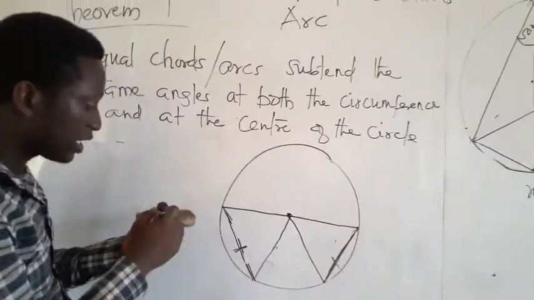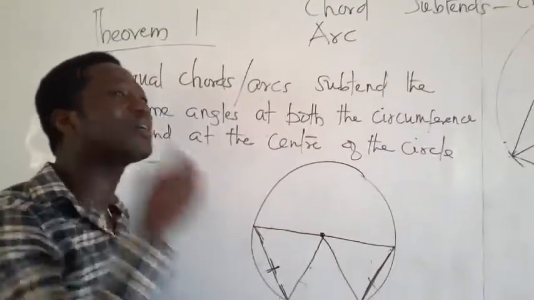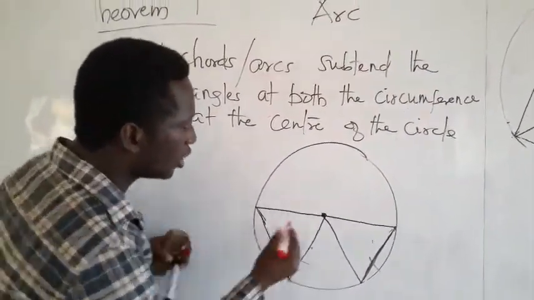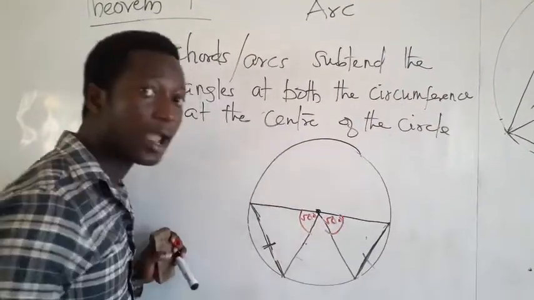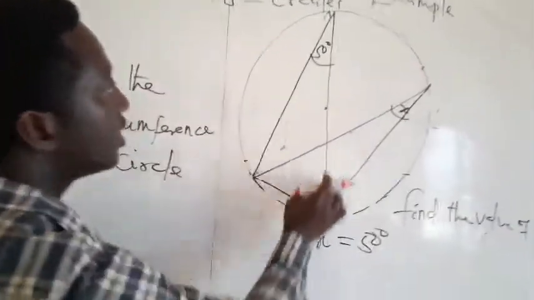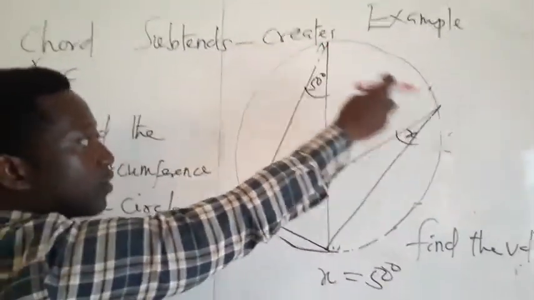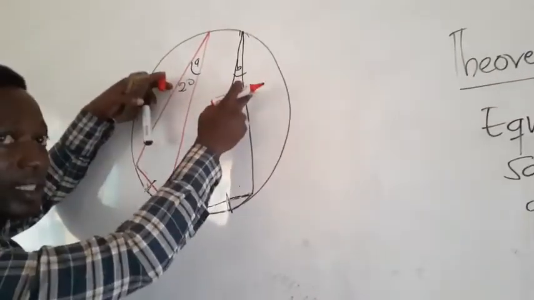Now, the thing here is that equal chords subtend the same angle at the center. So if here is 50 degrees, then here too should be what? 50 degrees. Why? Because they are equal chords. Equal chords subtend the same angle at the circumference. Over here too, these are equal chords, so they subtend the same angle at the circumference.